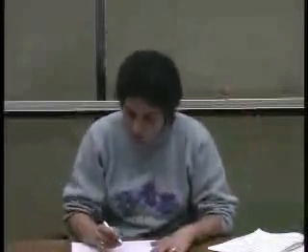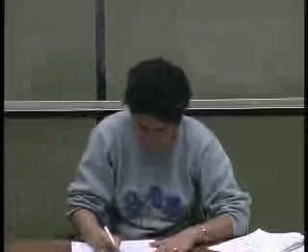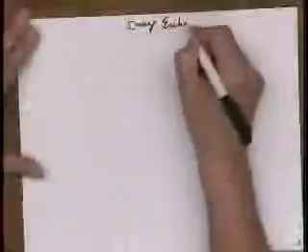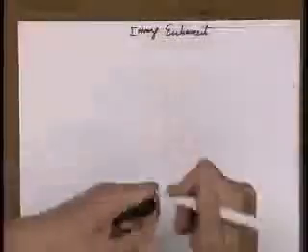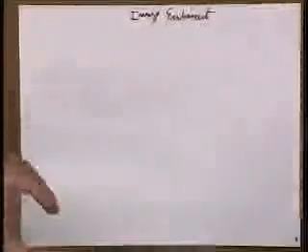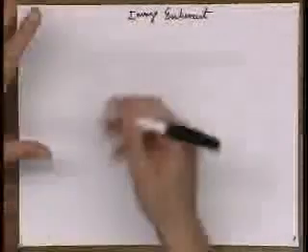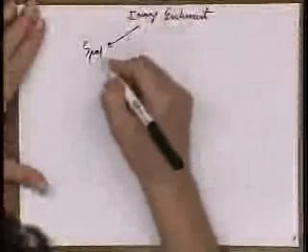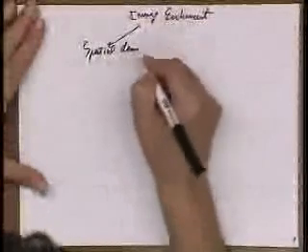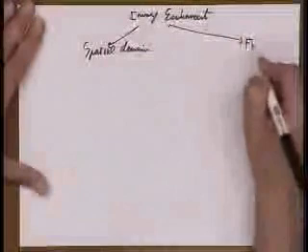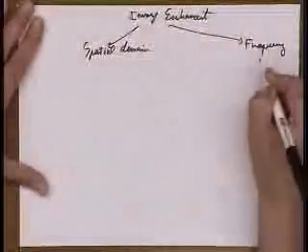So the broad topic that we have at hand is image enhancement. And then within that broad topic, we're right now talking about spatial domain techniques rather than frequency domain, because we're going to talk about frequency domain later on.